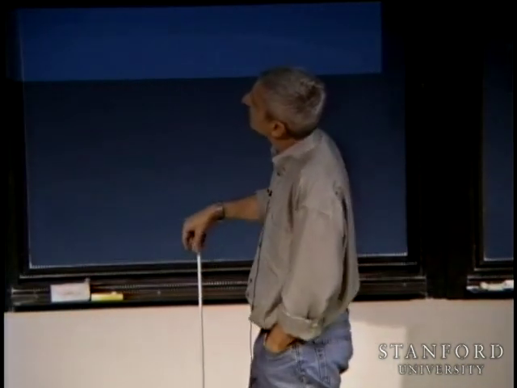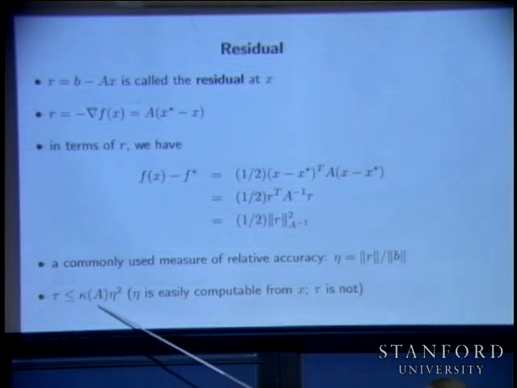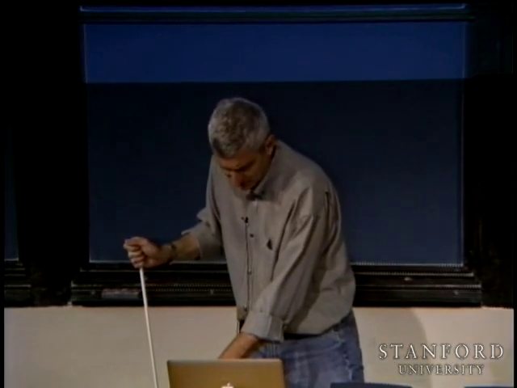So eta you're going to get very easily. If A were well conditioned, this might be useful. This is maybe not so useful in practice, but it basically says that tau, which is arguably what you're really interested in, if eta is small, then tau is going to be small too. Of course, you don't know the condition number of A generally, so this is not that useful.